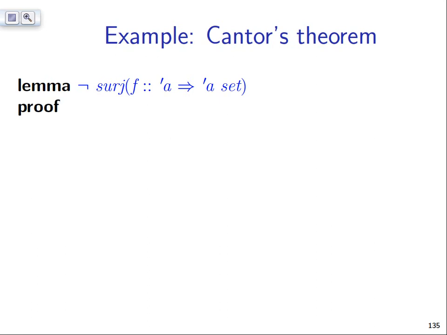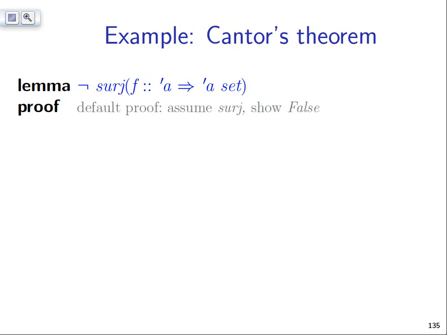And we start just by proof. So this is an example where I don't explicitly tell the system how to prove it, but the system will apply some default proof method at that point, if I don't say what it should be doing. And the default proof method will be selected based on the form of the formula, and in particular, if you're trying to prove a negated formula, the system will automatically say, oh, if you're trying to prove something negated, then we will assume the unnegated formula and try to derive a contradiction from it.